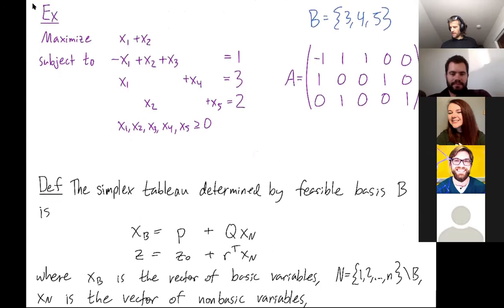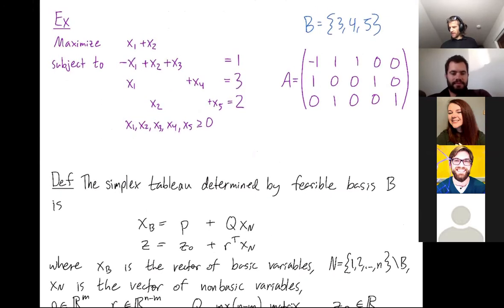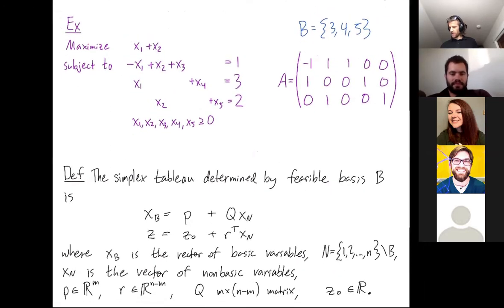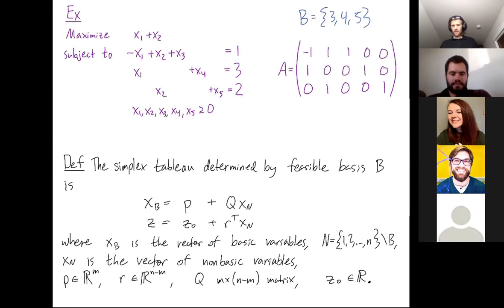All right. So here's our notation. It's a lot of notation, but then I want to try to start explaining it. The simplex tableau determined by a feasible basis is, well, we can write our basic variables as some vector plus some matrix times our non-basic variables. And then our optimization function is equal to some constant plus some linear combination of our non-basic variables.